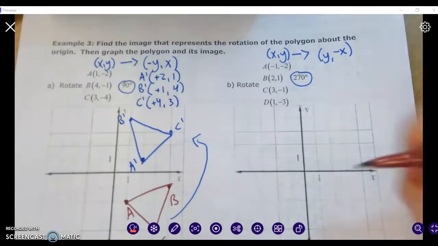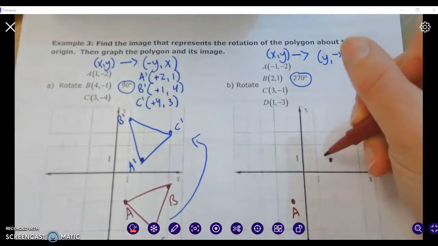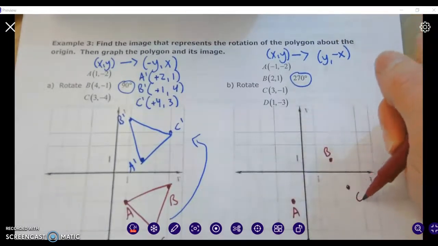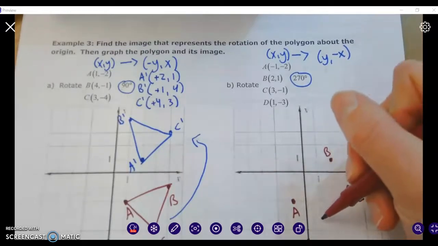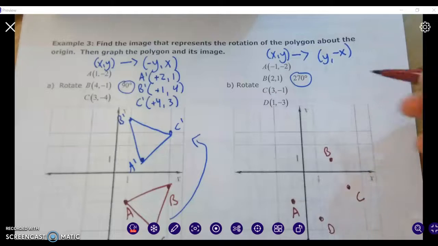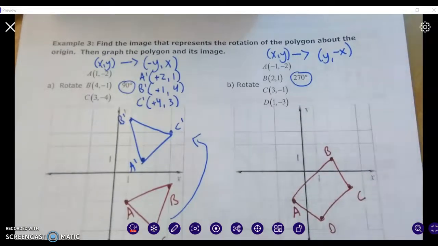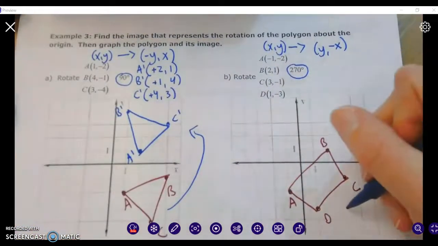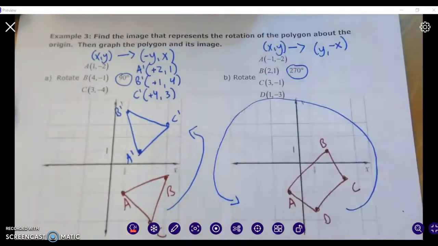We have -1, -2 for A, 2, 1 for B, 3, -1 for C, and 1, -3 for D. This figure mostly starts down in this 4th quadrant, so it's going to be rotated from this quadrant all the way to this quadrant.